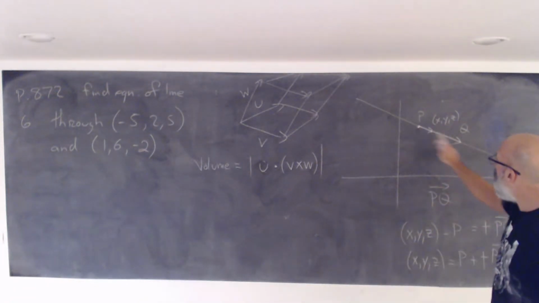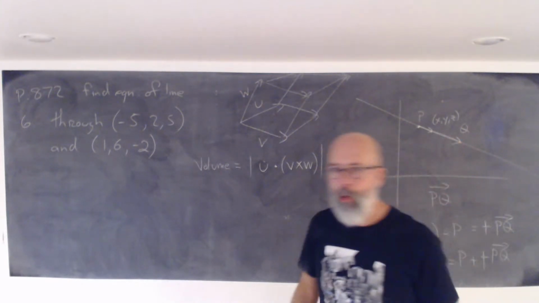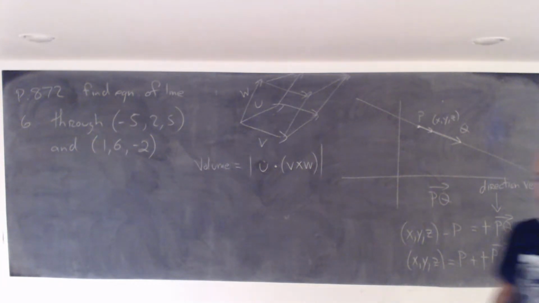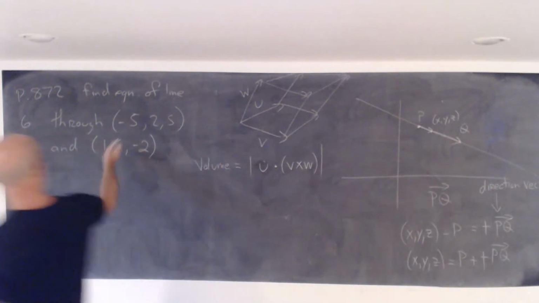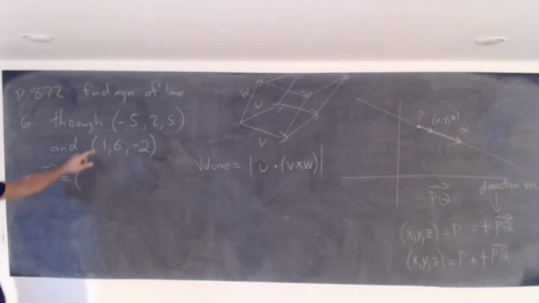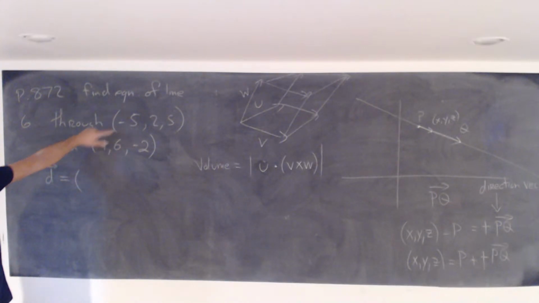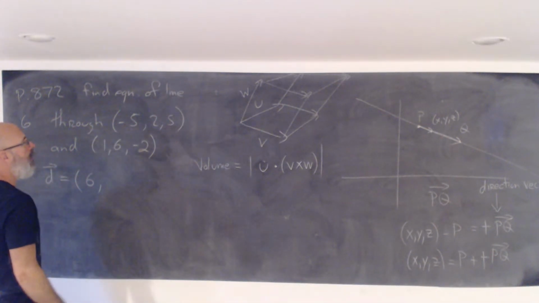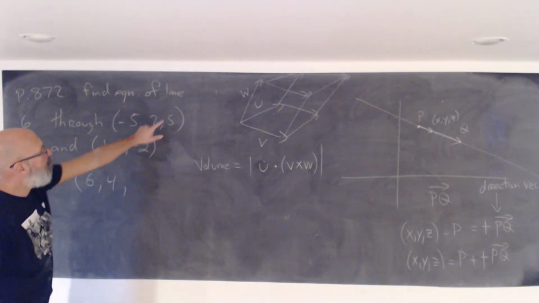So let's find the vector joining the 2 points. This will give us the vector PQ, also known as the direction vector. Right, so the vector joining the 2 points: 1 minus -5, 6 minus 2, and minus 2 minus 5.